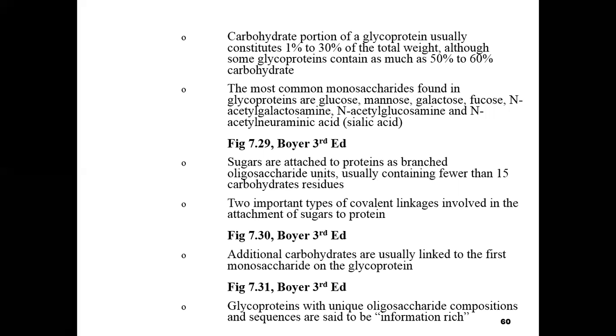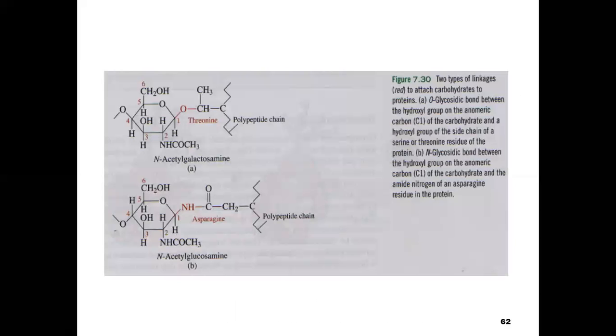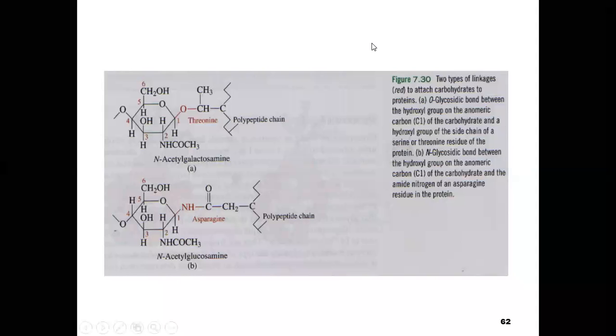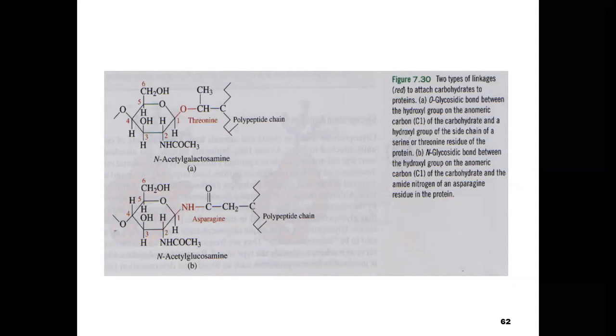As far as the linkage is concerned, there are two important types of covalent linkage involved in the attachment of sugars to the proteins: the O-glycosidic linkage and the N-glycosidic linkage.